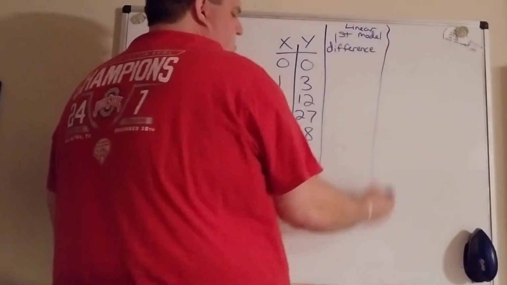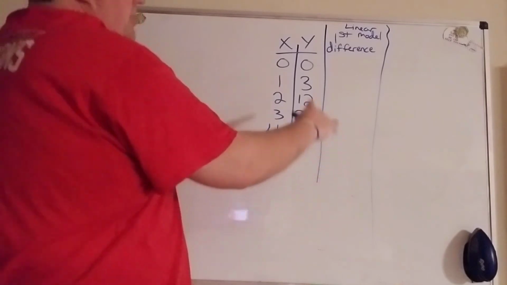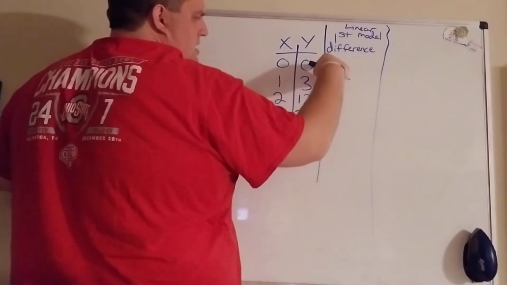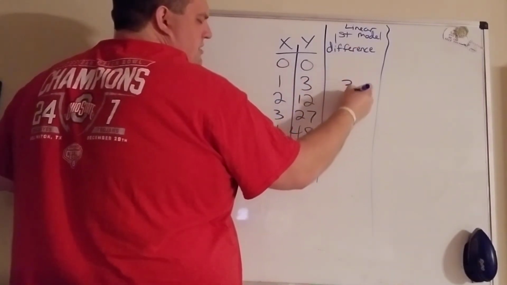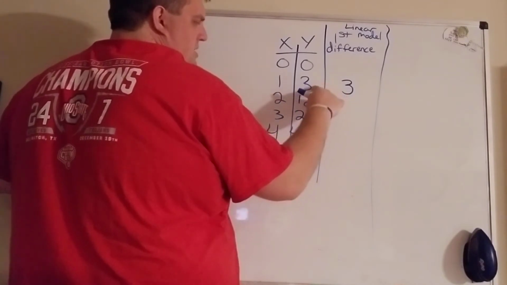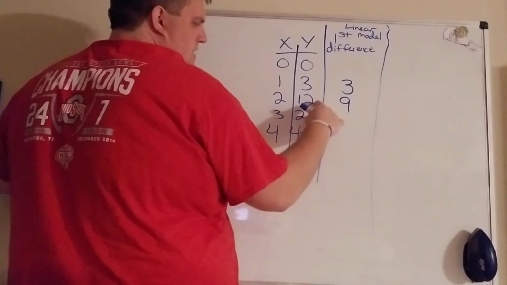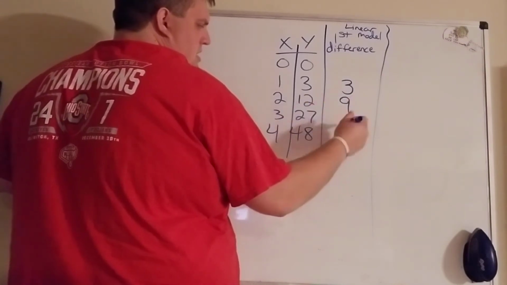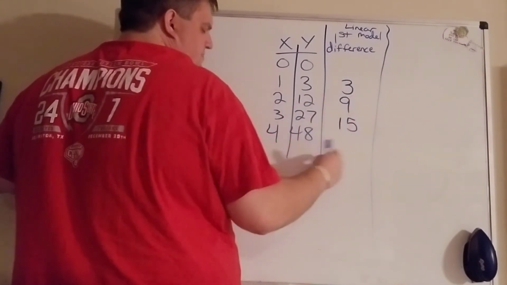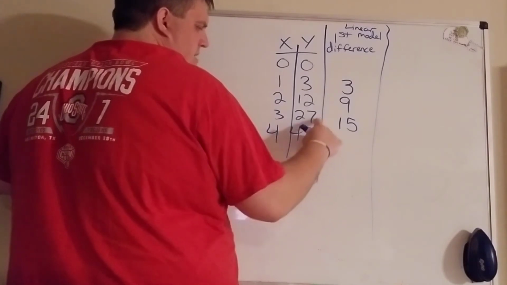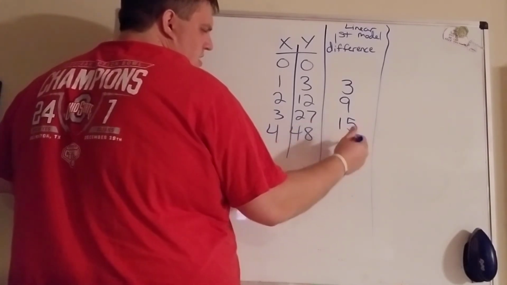So this first difference, I'm just going to take my y values. 3 minus 0 is 3. 12 minus 3 is 9. 27 minus 12 is 15. 48 minus 27 looks like 21.